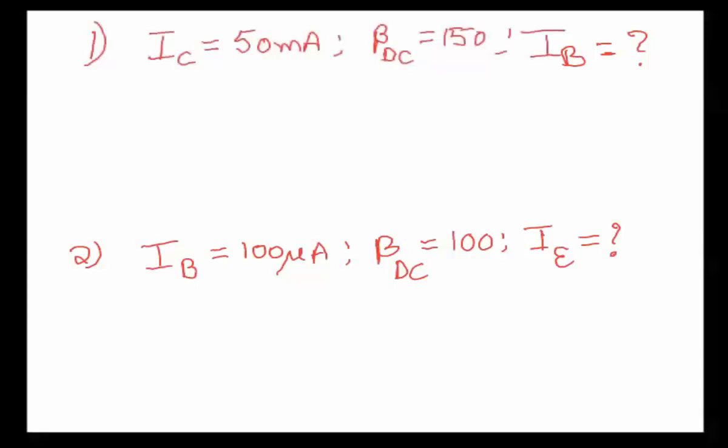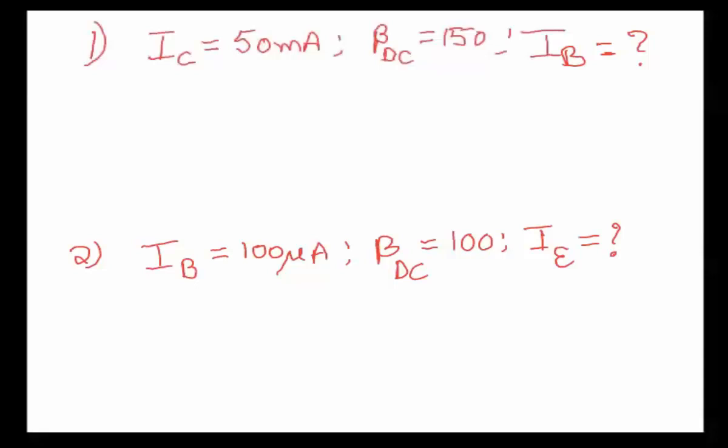Should the base be higher or the collector be higher? So however you did the calculation, that was wrong. You probably multiplied these two, correct? It's not a multiplication of these two.